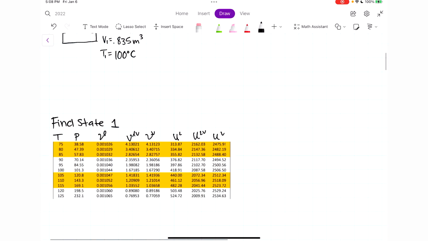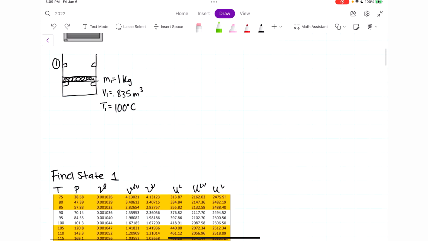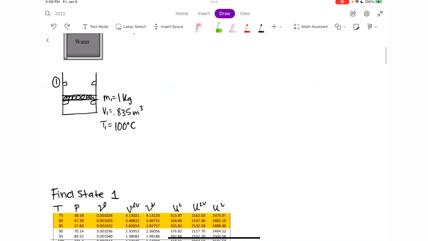So we're going to need either temperature and pressure, or temperature and our specific volume. It really just depends on what you have. Here in our problem, they don't give the specific volume. They give us volume and mass. But we're able to find specific volume because specific volume is equal to the volume divided by mass.